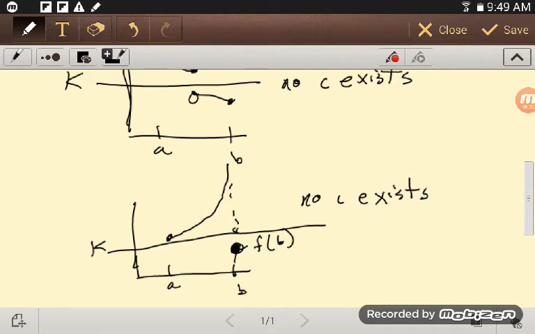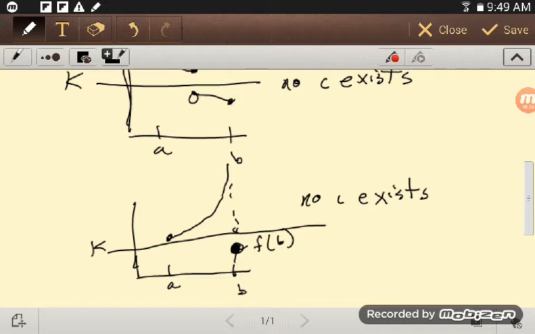So we could have an open interval issue or a discontinuity issue. The point is we still have a discontinuity in the function, but not in the open interval. So you see f of x is continuous in the open interval. It's just not continuous on the closed interval. And so you do need closed interval and continuity on the whole thing.